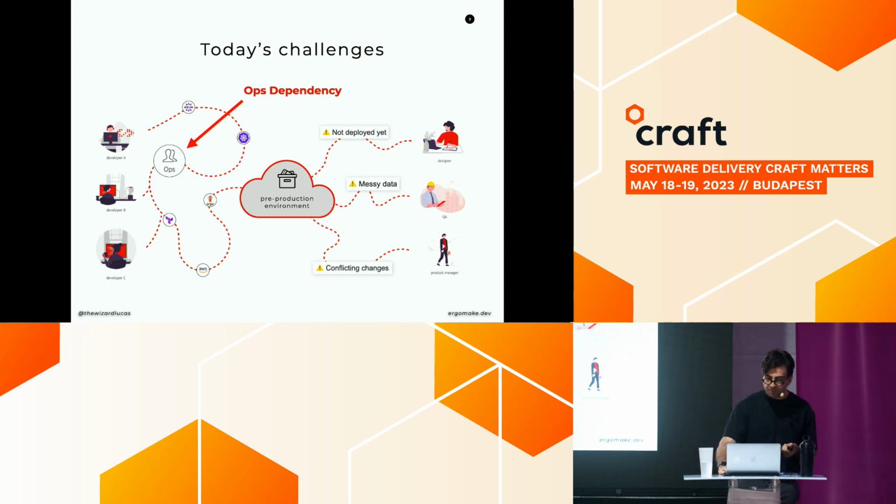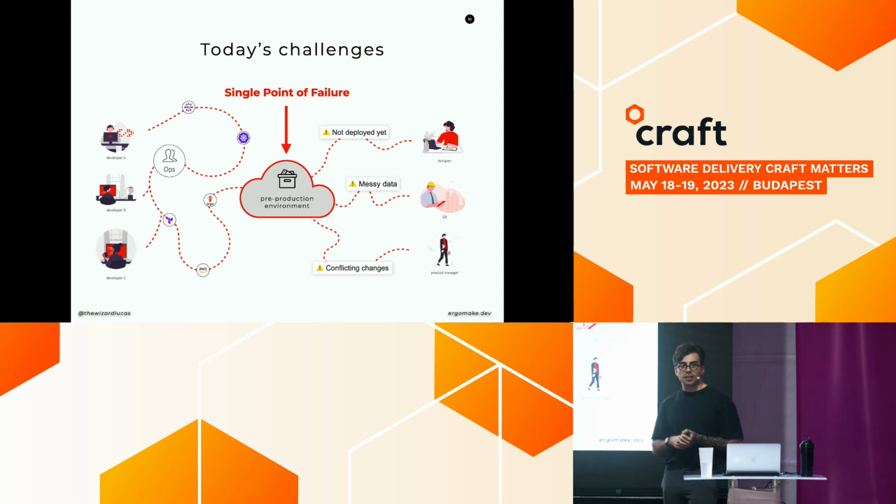Another problem is that staging is a single point of failure. Especially in the case where people rely on staging to be able to do development, where developers need to point to staging to use queues or databases or whatever. I've heard stories of people that had a team of like 90, 100 developers. They couldn't run their 20, 30 services on their machines. And then one beautiful day, staging broke, and they took 3 to 4 days to fix it.